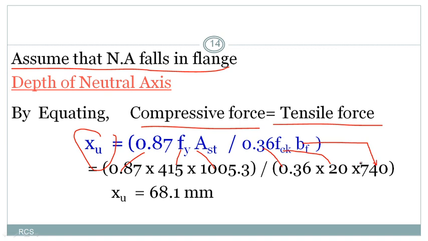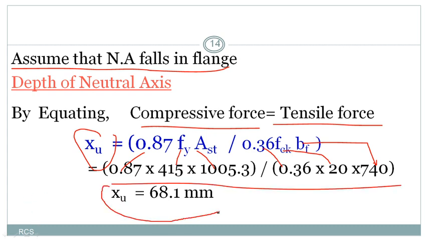Don't get confused: in the problem he has mentioned only the width of the flange. Whenever the actual width of the flange is not given, the given width of the flange is considered as the effective width. Now if you simplify, we get XU equal to 68.1 mm.